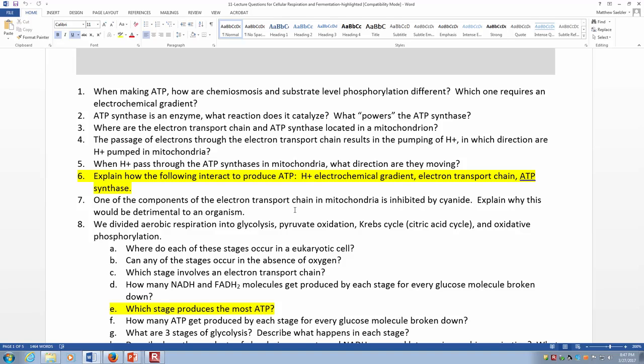Every cell in your body needs to make ATP. Now, depending on the cell type, you can have different numbers of mitochondria because there are different energy requirements. And in terms of turkey, that's the difference between light meat and dark meat. What makes dark meat dark is the fact that there's a high amount of mitochondria in those cells.